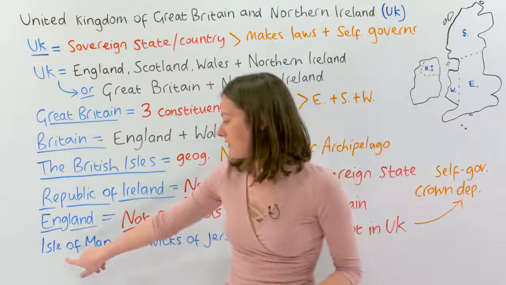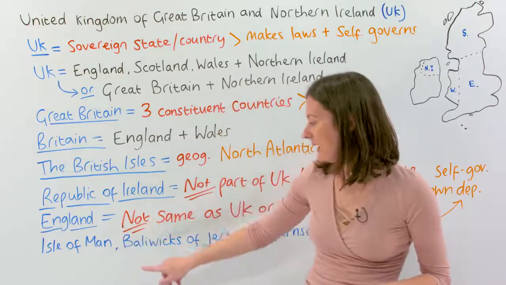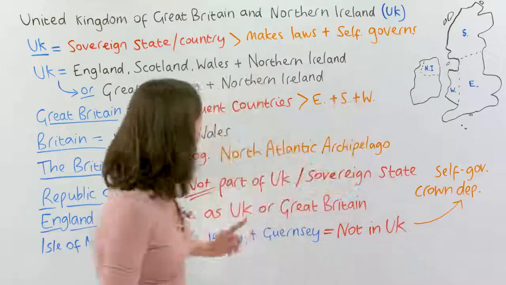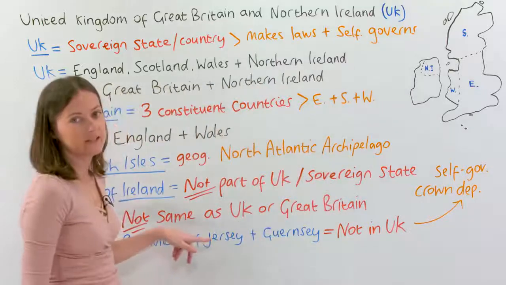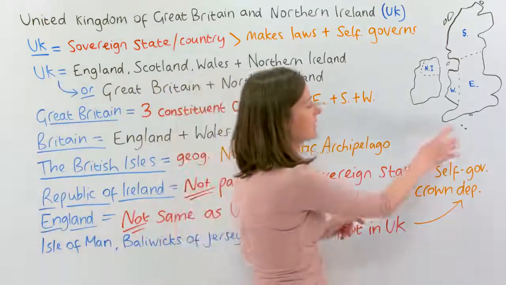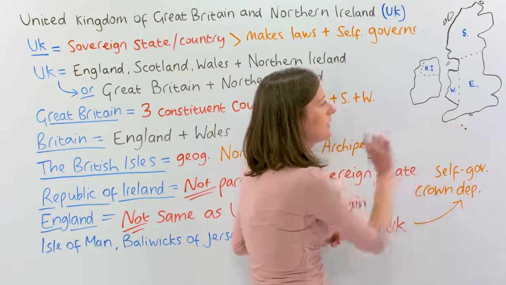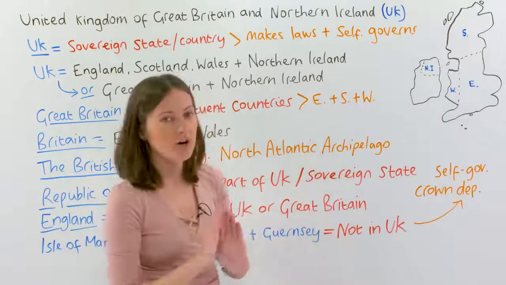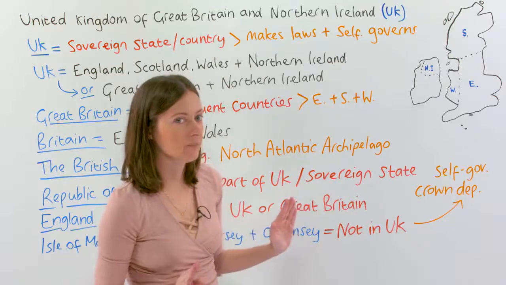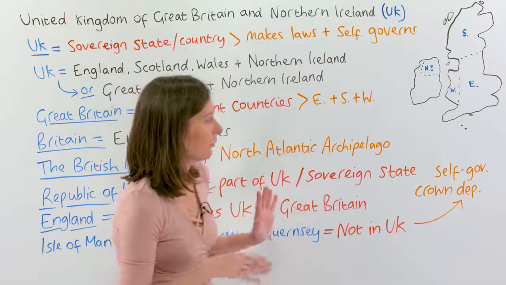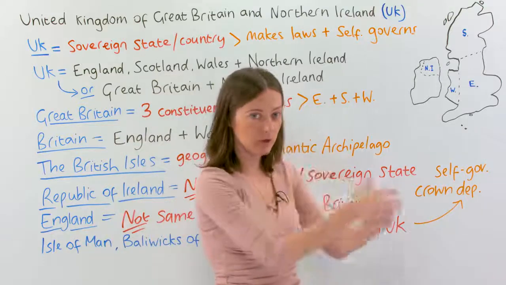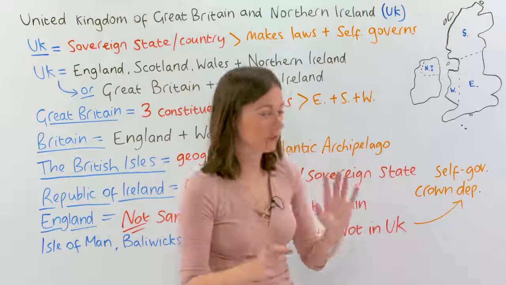Also, something I want to say about the Isle of Man. This is the Isle of Man. And about the bailiwicks of Jersey and Guernsey, which are down here. So these islands are not part of the United Kingdom, but we have the same monarch at the moment, that's the Queen.